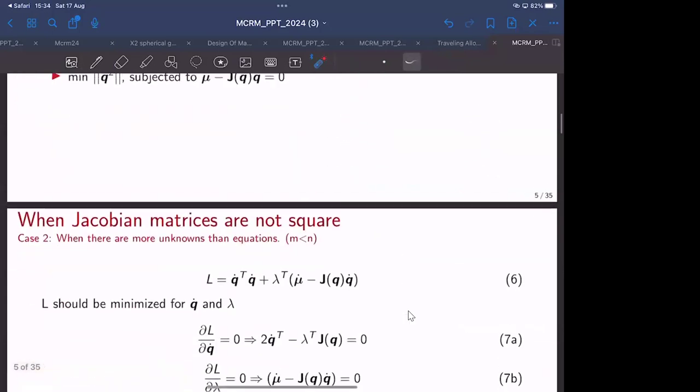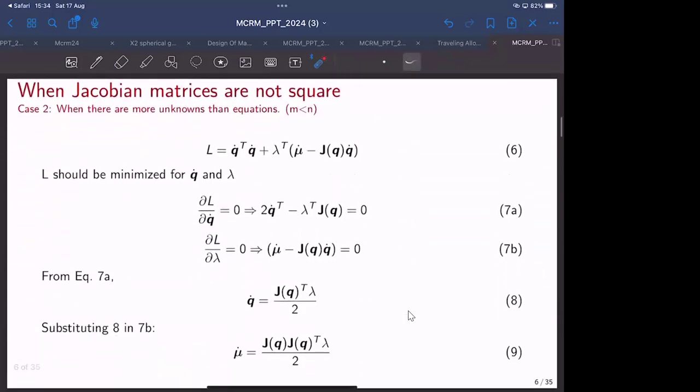And the way that we would formulate that problem would be like this. This is our objective function. This term corresponds to the norm of the q dot vector, and this term corresponds to the constraints.